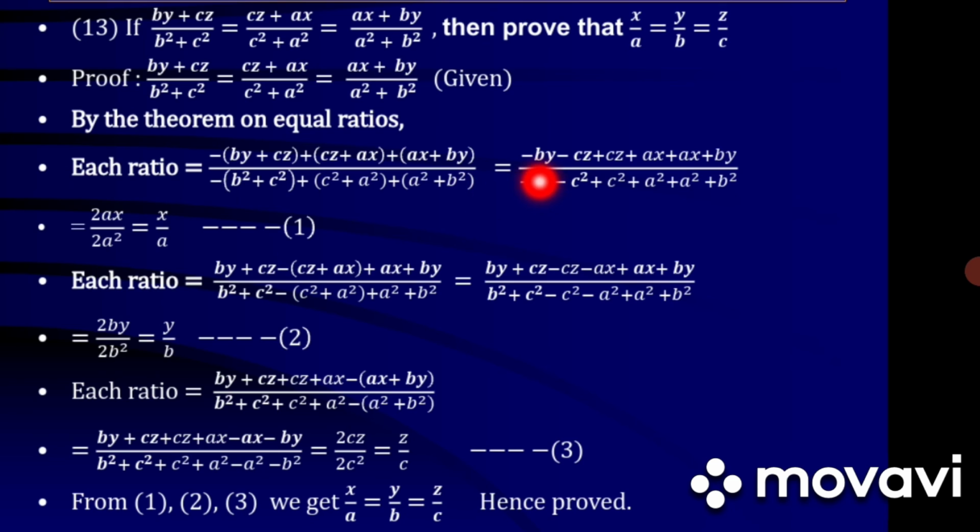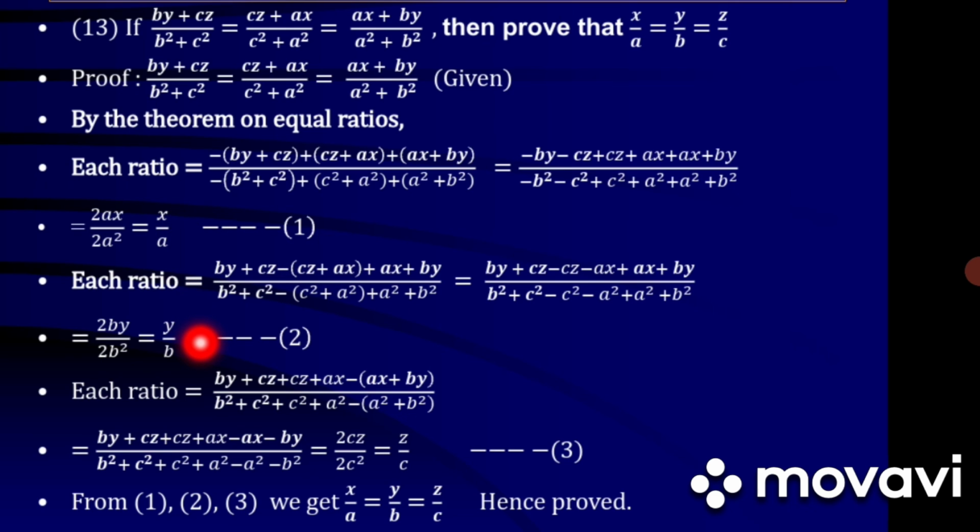This is equal to minus by minus cz plus ax plus by upon minus b square minus c square plus c square plus a square plus b square. Eliminating by and cz from the numerator and b square and c square from the denominator, we get 2ax upon 2a square, and that is equal to x upon a, which is 1.